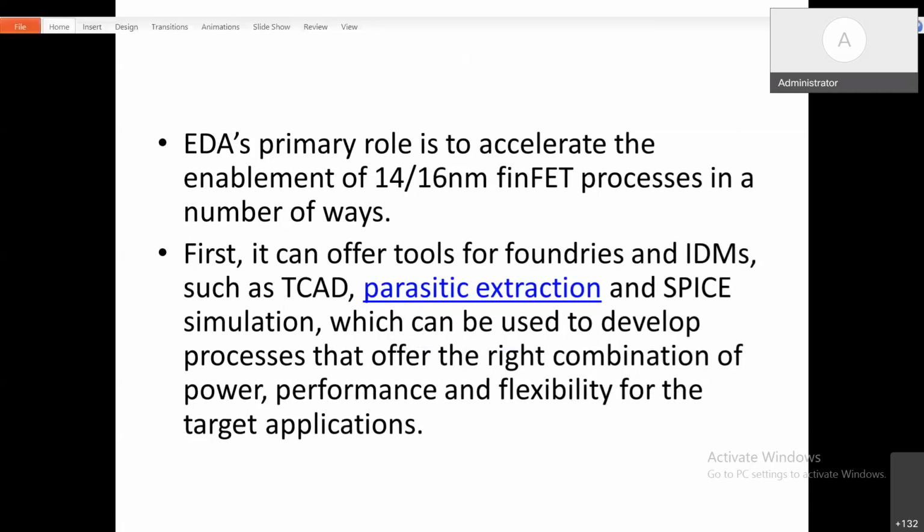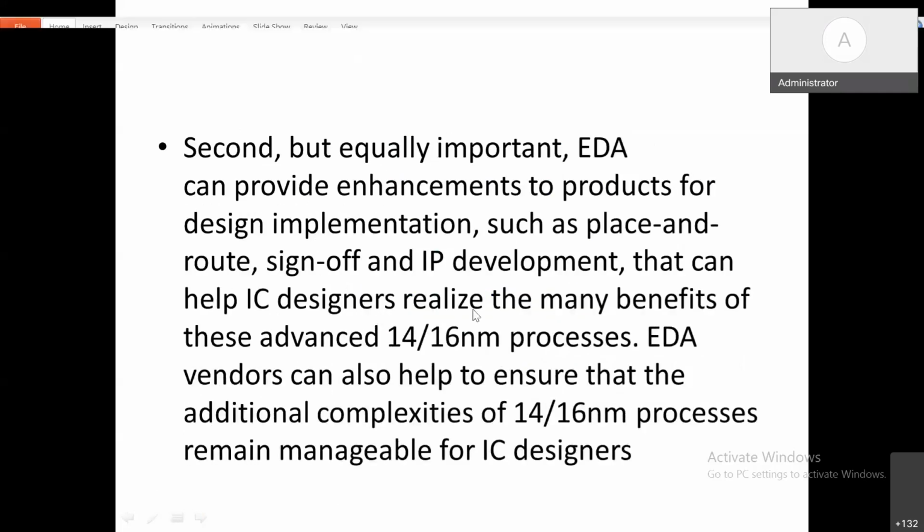If I want to develop my transistor for mobile, or for IoT, or I want to design this FET for sensor applications, then based on the applications, you can design your own circuit, and your own transistors can be targeted for that. And the EDA tools also help you with place, route, sign off, and IP development.